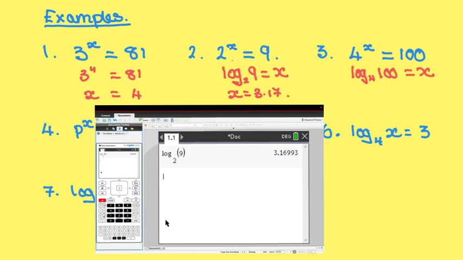So control 10 to the power of x, and I want log 4 of 100. Enter. So 4 to the power of 3.32 to 3 significant figures will give me 100. So x is equal to 3.32.